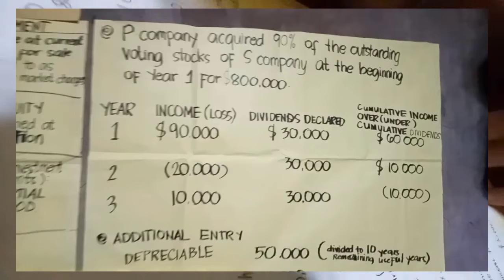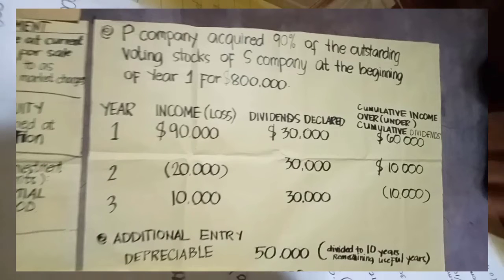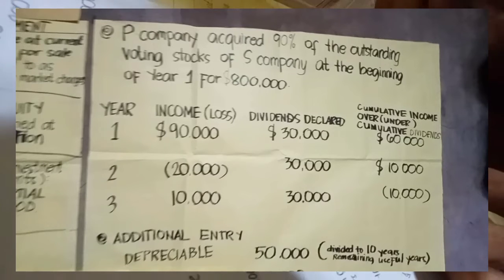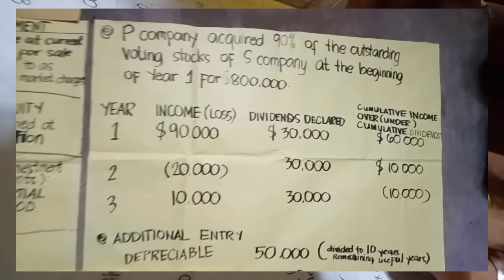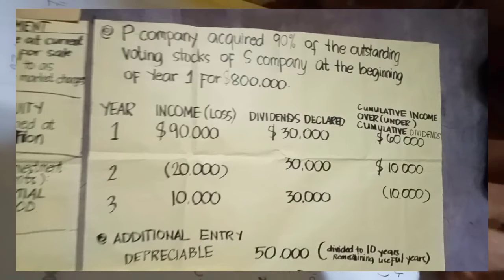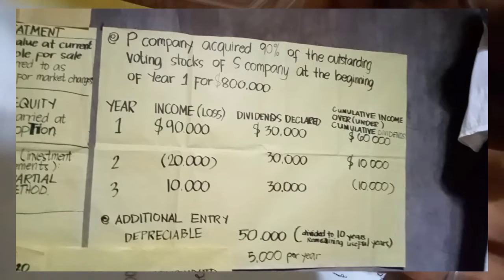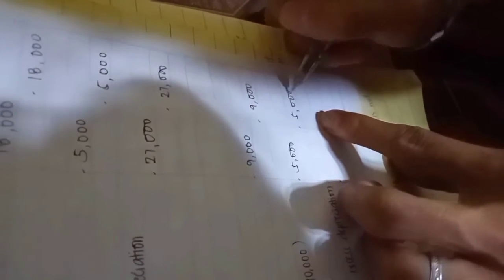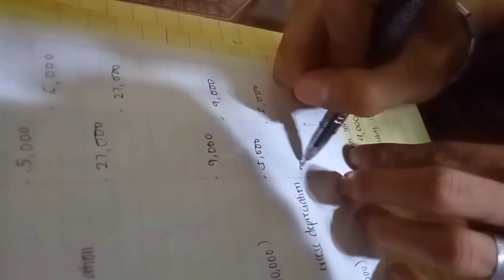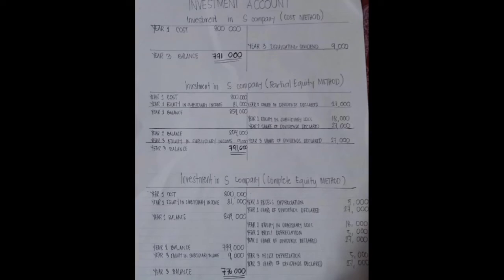In computation, the $50,000 excess of underlying equity is divided by 10 years since depreciation is spread over the span of 10 years. That would result in a charge to earnings of $5,000 per year. After these entries, posted in different manner by cost, partial equity, and complete equity method, the investment accounts will appear as follows for each method.